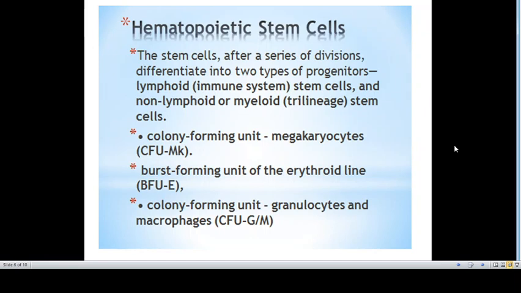The first one is the lymphoid, that is the immune stem cells, and the non-lymphoid or the myeloid, that is the tri-lineage stem cells. For megakaryocytes, it is a colony forming unit, and for erythroid it is a burst forming unit, the short form is BFU. And for the granulocytes and the macrophages, it is the colony forming units.